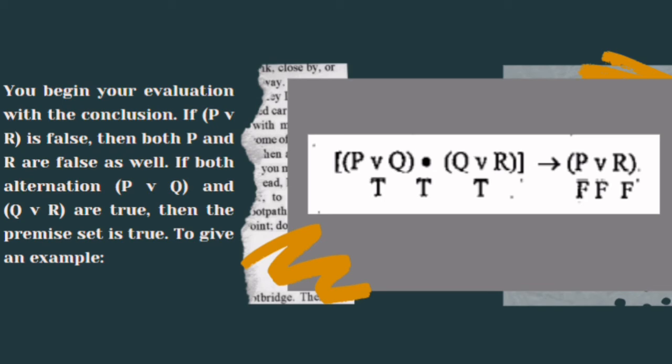If both disjunctions, either P or Q and either Q or R, are true, then the premise set is true. For example, if P and R are false, the same values in the premise set should be assigned to P and R, leaving only Q. You have uncovered a row where the premise set is true and the conclusion is false, regardless of the value of Q, true or false. Therefore, the argument form is invalid.